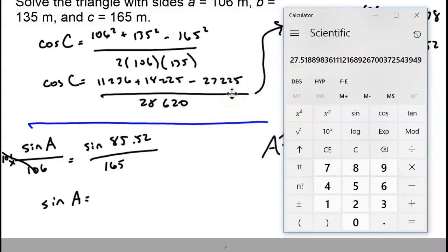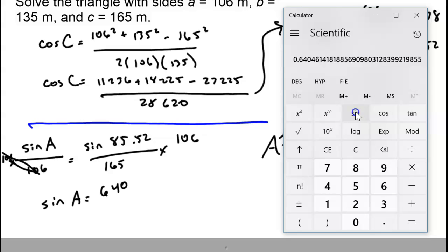We're going to still multiply 106 times both sides so that we can get 106 off of this side. And let's try that now. So now calculating this, clearing the calculator, we're going to go sine of 85.52 times 106 divided by 165 gives us a number for sine A that looks much more reasonable.